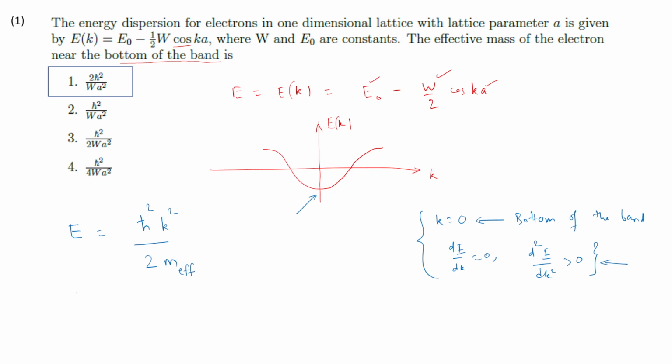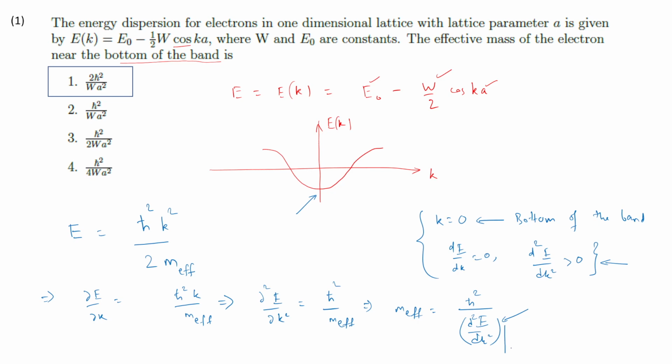To find it, suppose we do the derivative once with respect to k, then we get h bar square k over m effective, and if we do the derivative again, d2E by dk square is equal to h bar square over m effective. So m effective is nothing but h bar square over d2E by dk square. So we have to find this quantity: the double derivative of the energy at the bottom of the band. Bottom of the band means k is equal to 0. So let us do that.